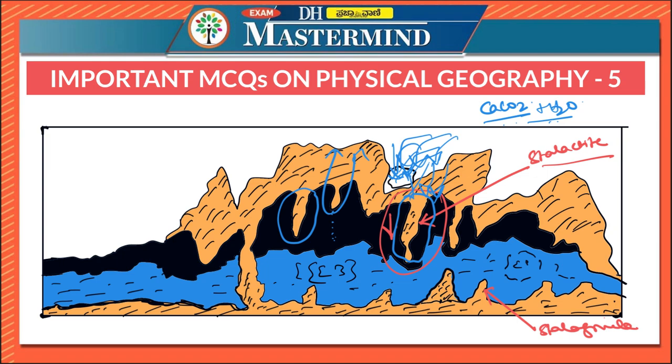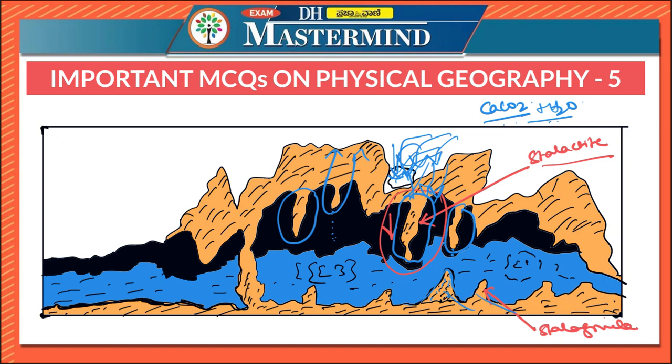Now the stalagmites. As moisture drips from the roof, it trickles down the stalactite and drops on the floor. The water droplet that falls on the surface starts collecting in the upward direction to form stalagmites. These are stalagmites.